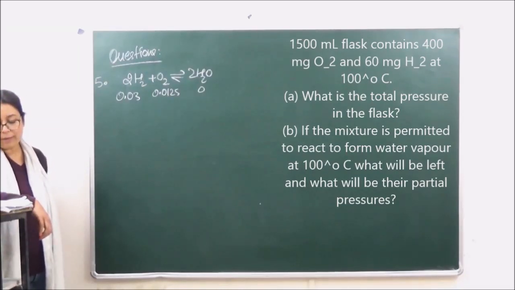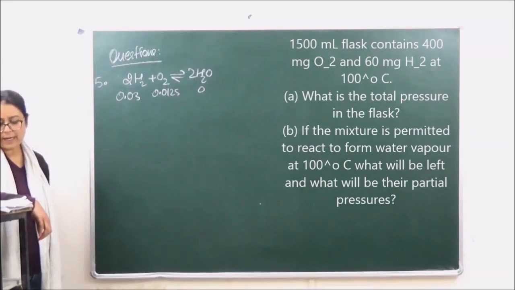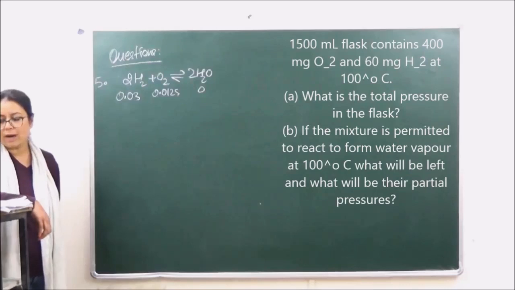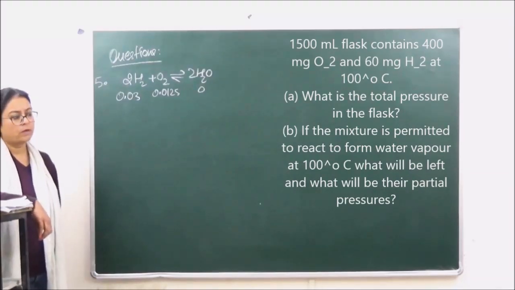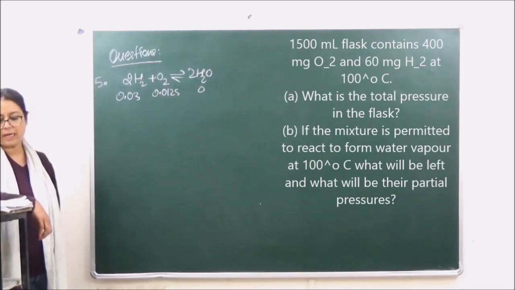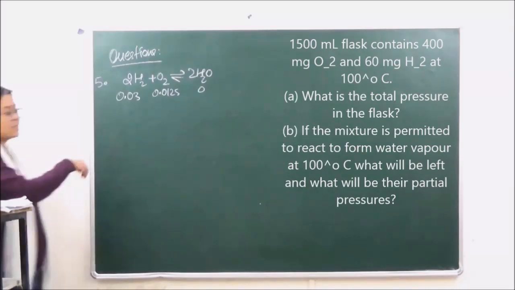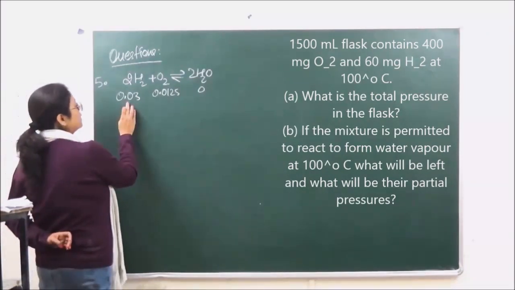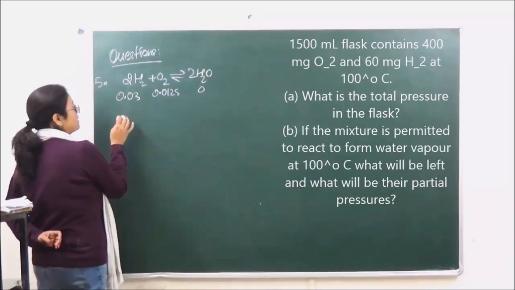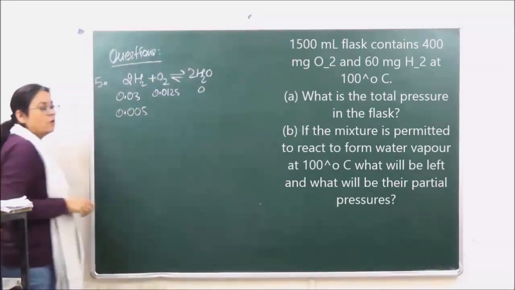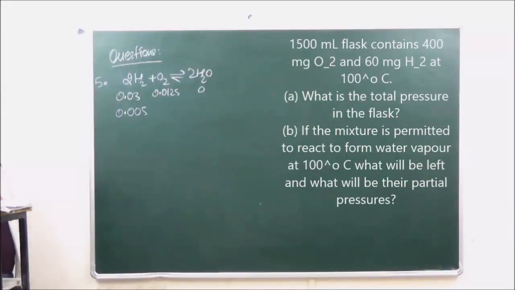When you calculate the partial pressure of H2, it comes to 0.612. So after the reaction, the pressure left for oxygen is going to be 0.005?